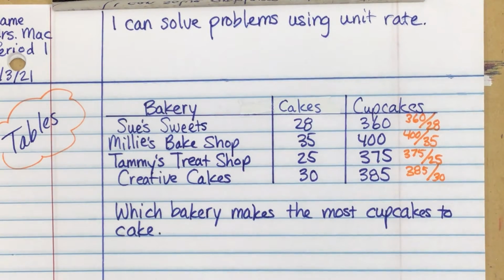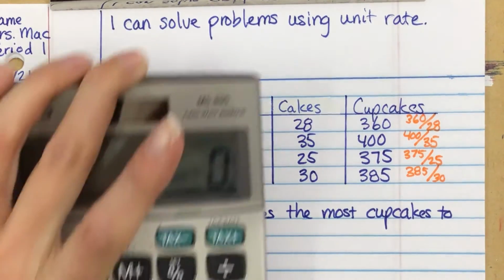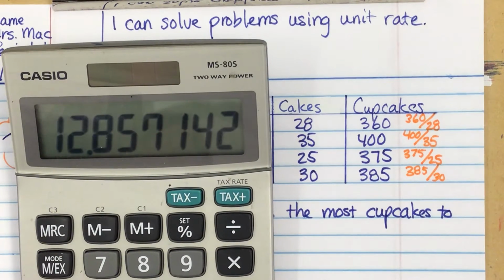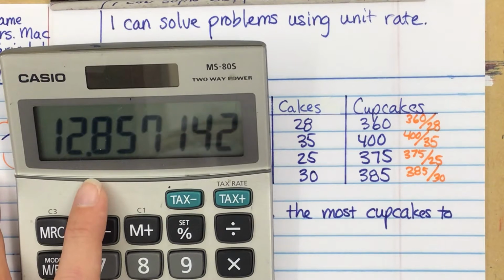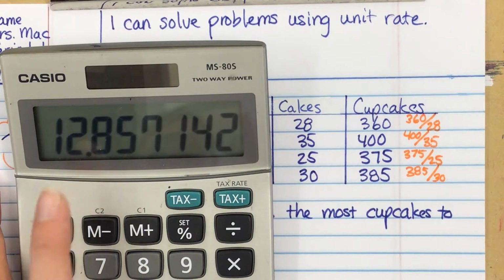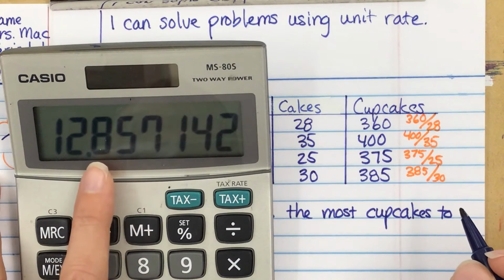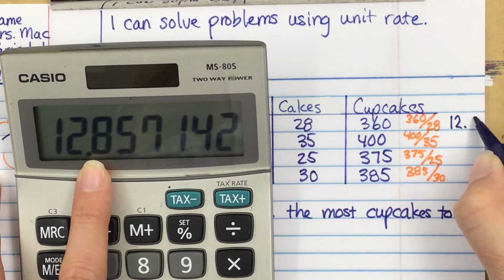I wasn't going to let you guys use calculators, but I know you all know how to divide that, so I'm busting it out. Okay. All right, so I'm going to do 360 divided by 28. I'm going to round to the nearest tenth in this case. Also, rounding issues, that's what I saw on the homework a lot last night. Make sure you're rounding correctly, okay? So if I round to the nearest tenth here, the 5 is going to make the 8 round up to a 9. So I'll say 12.9.